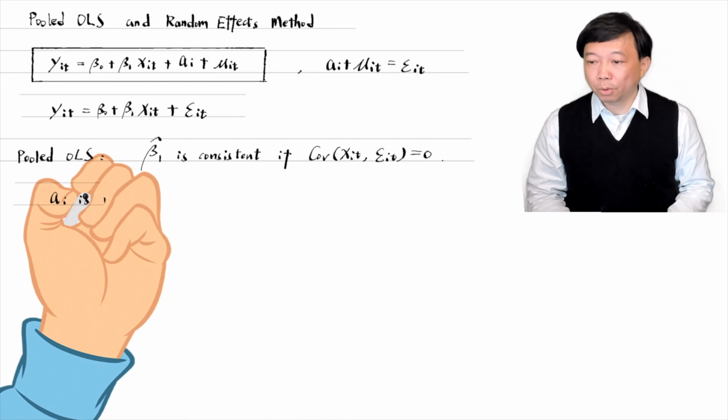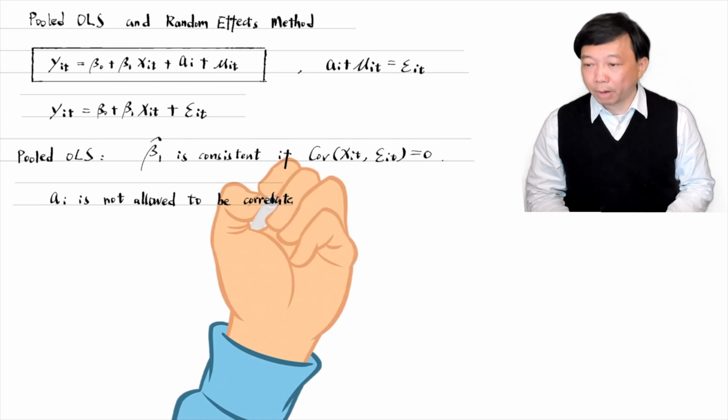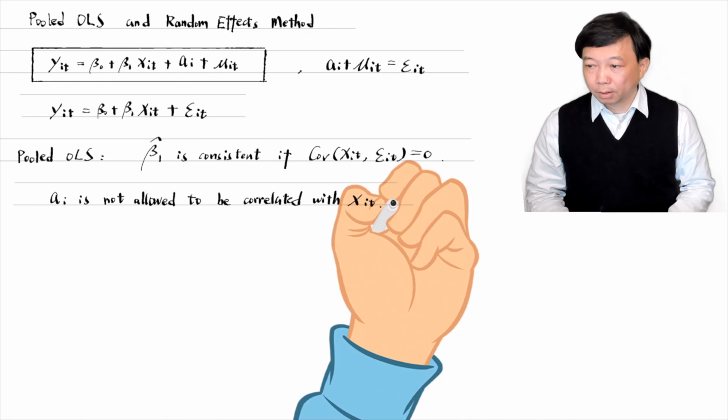Such a method is called the pooled OLS. However, unlike the fixed effects methods, the time constant error component is not allowed to be correlated with the explanatory variables if we want to get consistent estimates using the pooled OLS.